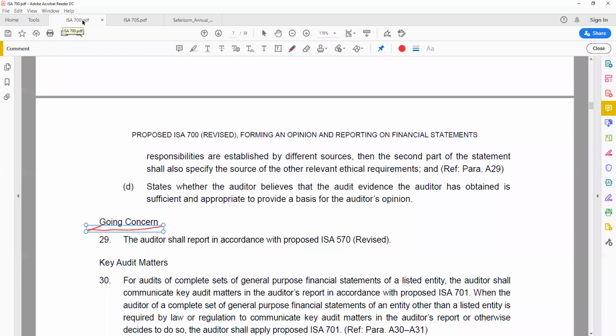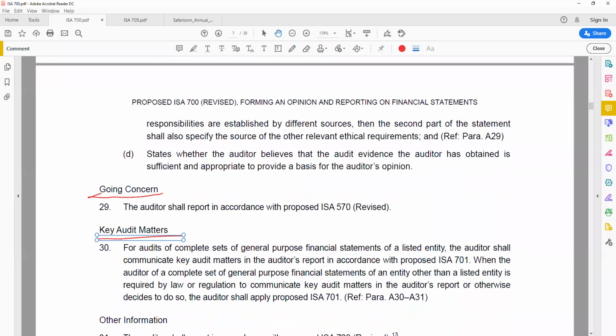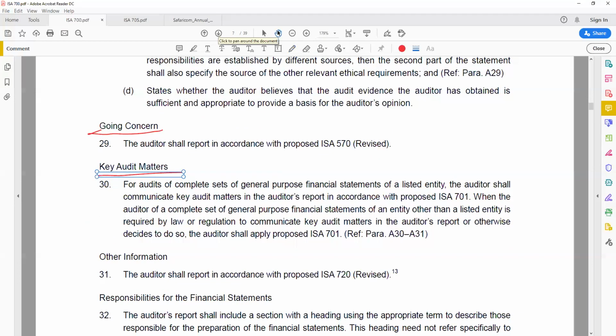So if there's no issue regarding the company going concern, what next is referred to as the key audit matters. What does it mean to include key audit matters?